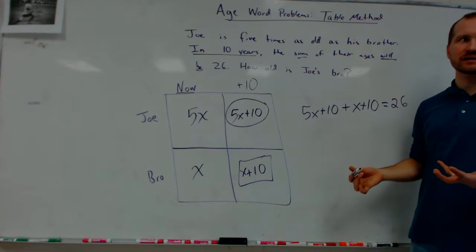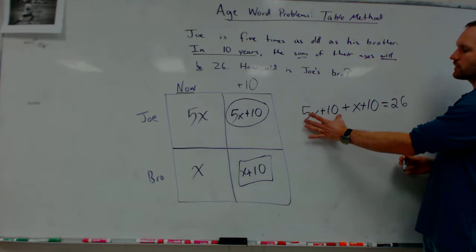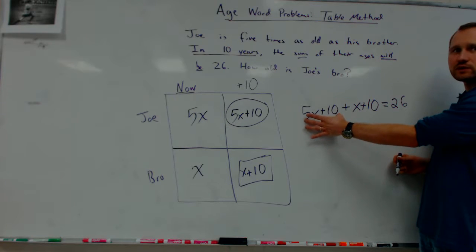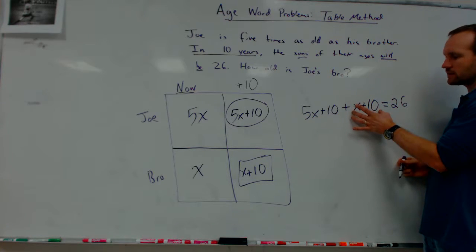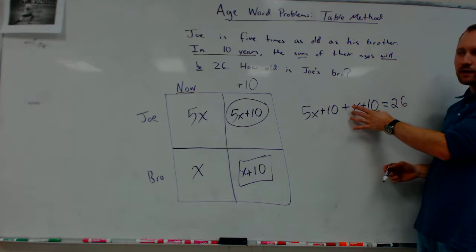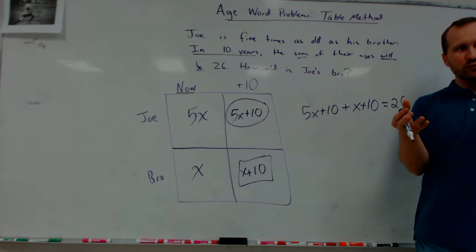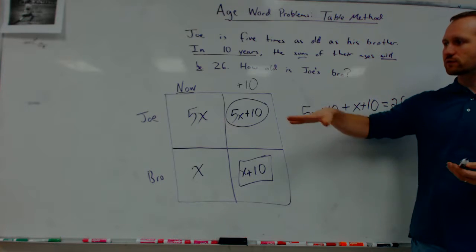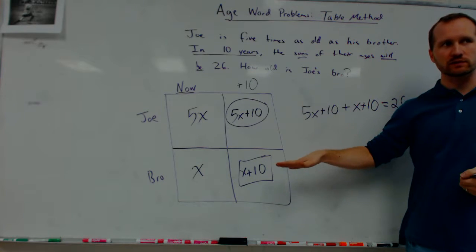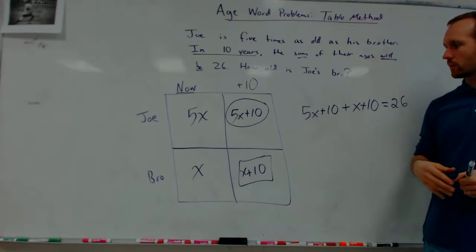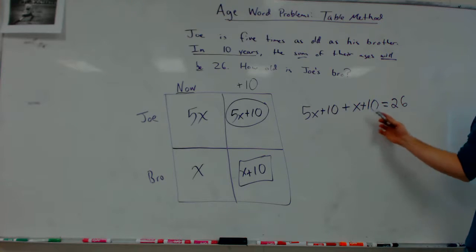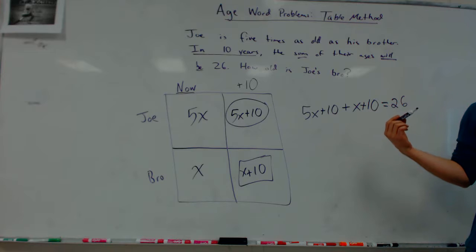So the key thing to realize here is this whole thing is Joe's age in 10 years. This is Joe's brother's age in 10 years. And the table helps me to figure out what expression I should use for Joe's age in 10 years and his brother's age in 10 years. Okay? Now this is a one variable equation that I can solve.